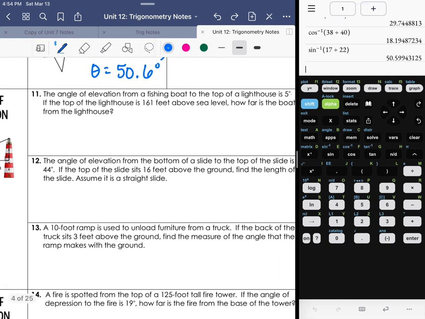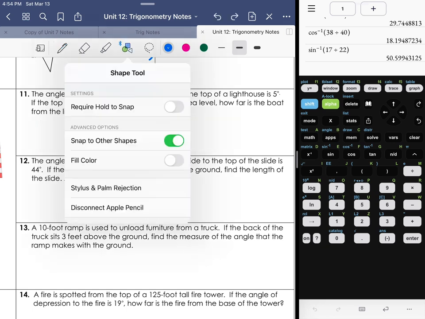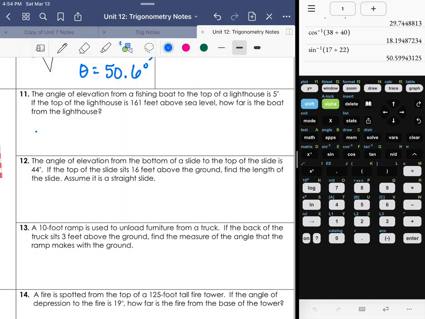And so I'm going to draw that out myself. If I can get me a good triangle, that'd be great. All right, there we go. Awesome. And obviously this is the right angle down here.